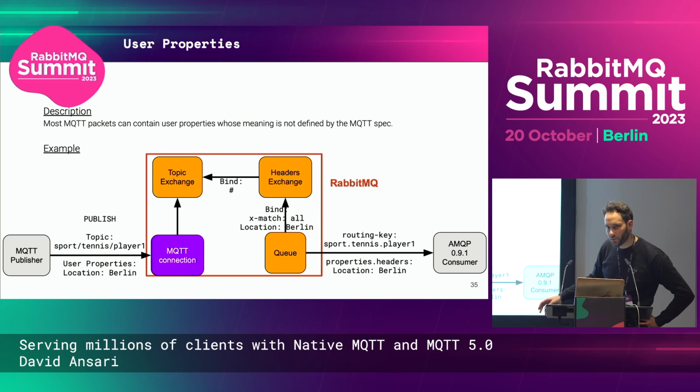Then this message is routed because the user properties are matching. So it ends up in the queue, and then again the topic gets translated, sport.tennis.player1, to the AMQP 0-9-1 format. And the user properties are also translated to AMQP 0-9-1 basic message headers. So it should just show you what's feasible with RabbitMQ.